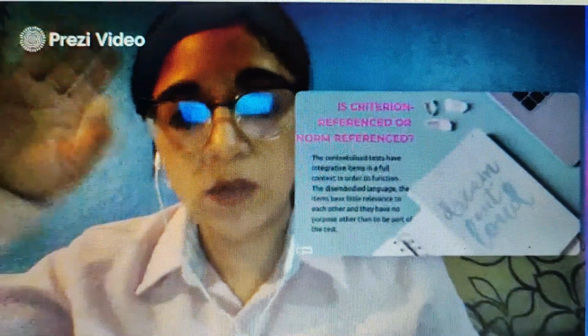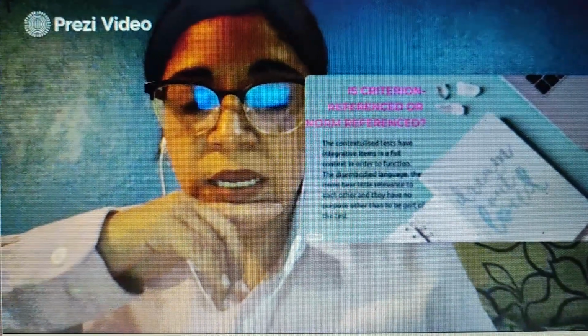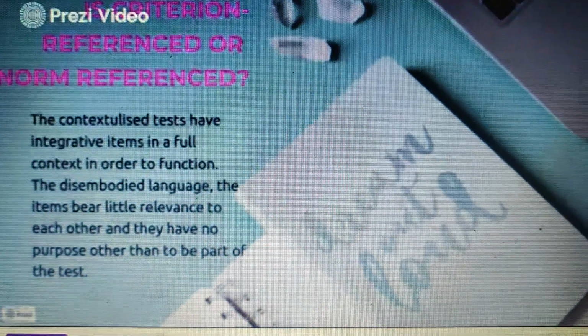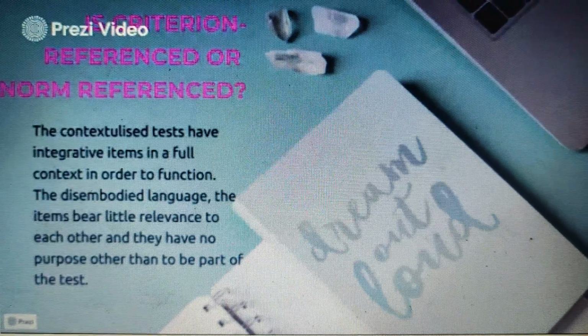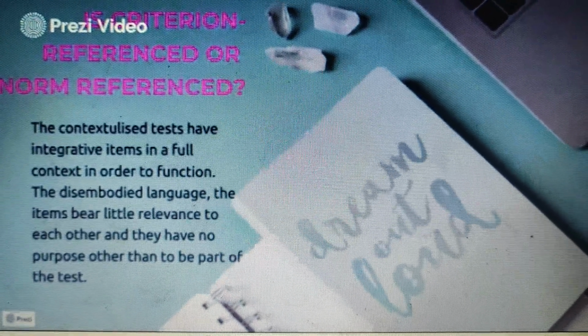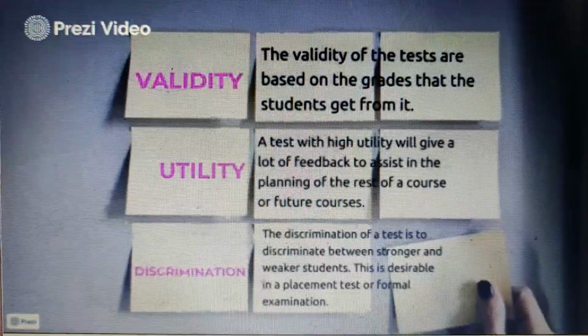So we can be talking about fruits, and now we can be talking about clothes, you know. Is it criterion reference or non-reference? The contextualized tests have interpretive items in a full context in order to function. In the disembodied language, the items bear little relevance to each other.